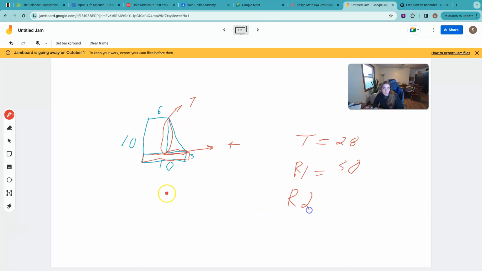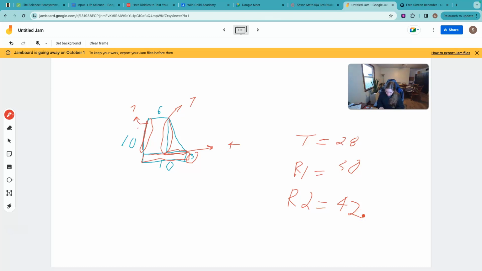R2. So here's the part where we need to be careful, because this long one right here is 10. But we've already used 3 for this rectangle. So this side from here to here is going to be 7, right? So it's 7 times 6. So what's 7 times 6? 42. And now we get to add this all together.